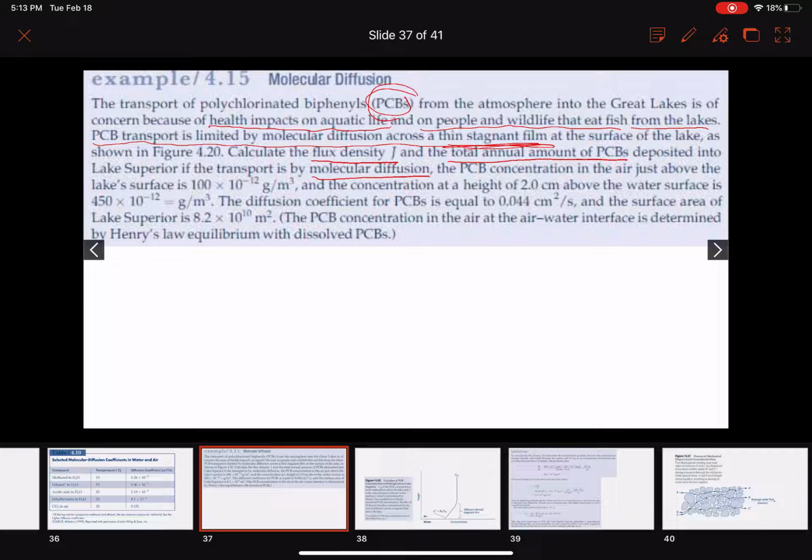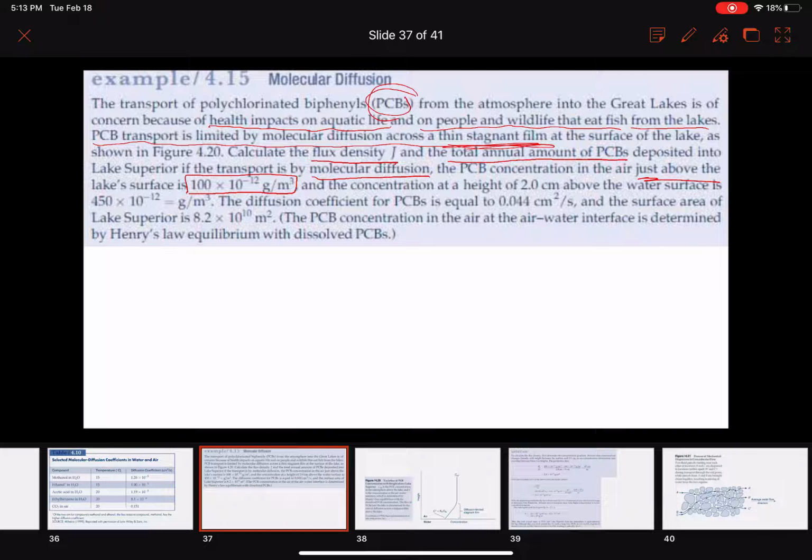Okay, the PCB concentration in the air just above the lake surface is 10 to the minus 12 gram per meter cube. This is in air. Okay, and the concentration at height of 2 centimeters above the water, this is the thin stagnant film.